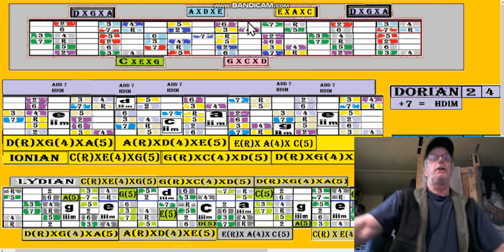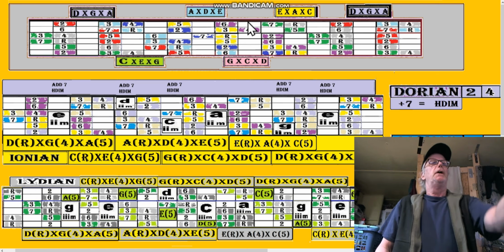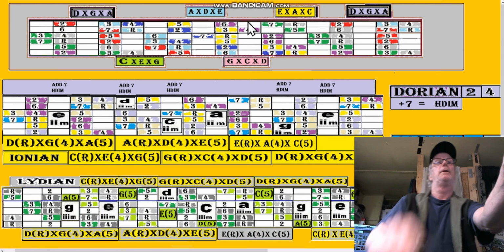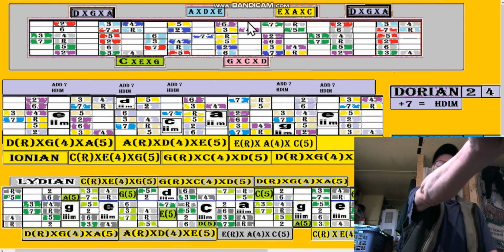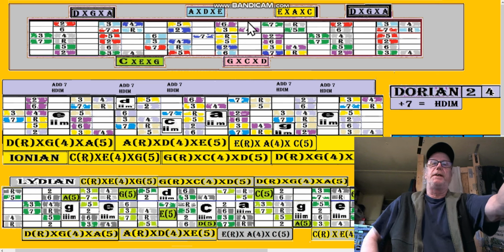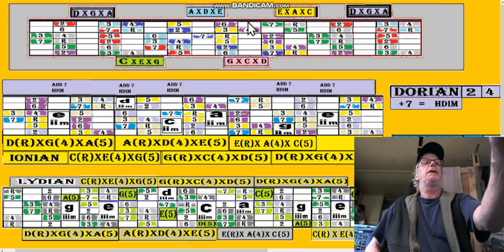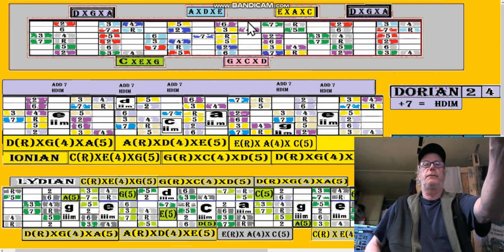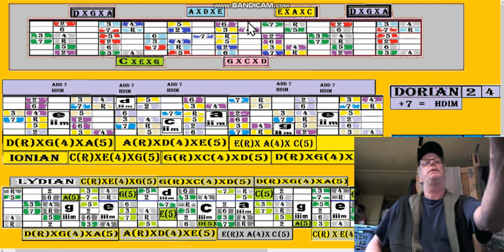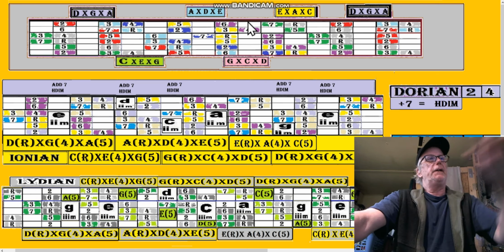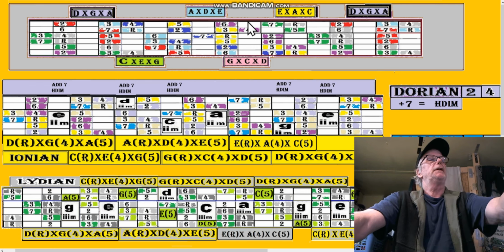The other ones, of course the minors, have a minor seventh, but it doesn't have such a dominant sound to it. And the seventh for the jazzy major seventh for the C is the same for the fourth, which would be F. But when you take that seventh and stay in the mode, that's where you get the half diminished.